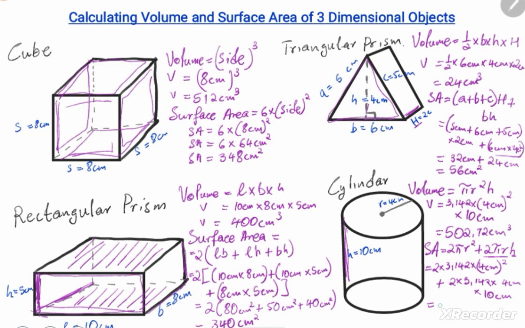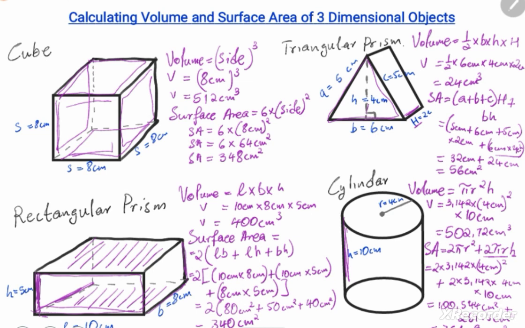So for the first section, it should be 100.544 centimeters squared plus 251.36 centimeters squared, and finally we'll have 351.904, which we'll simply round off to 351.9 centimeters squared.